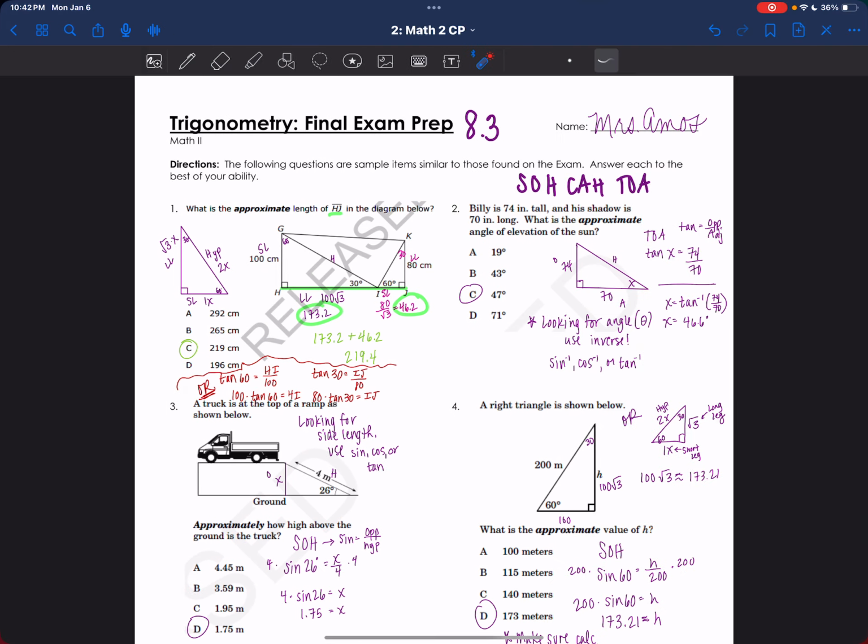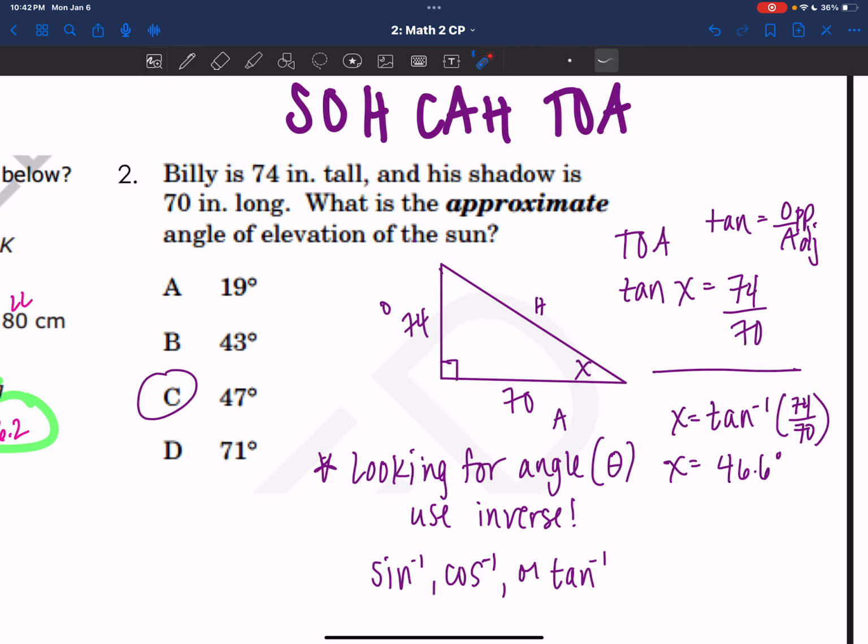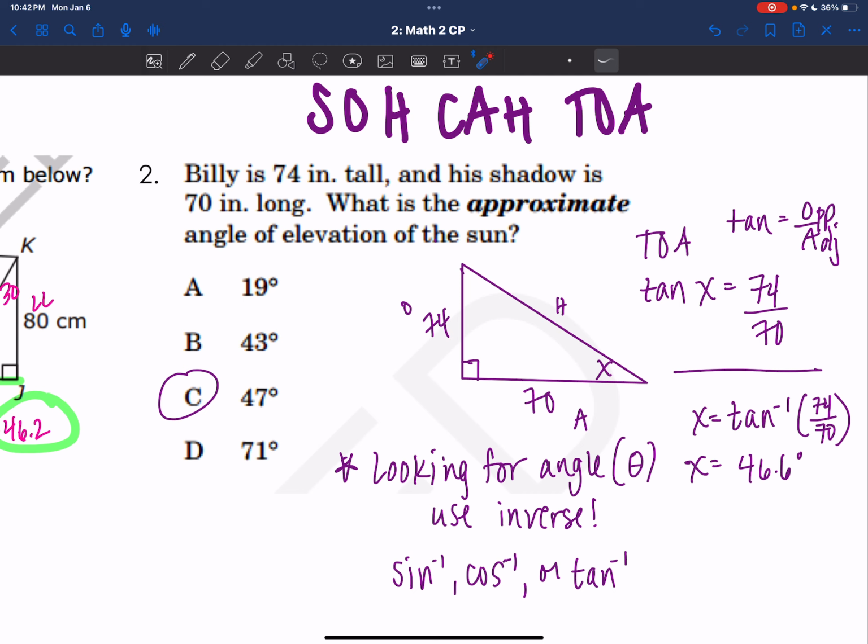All right, so now let's look at number 2. It's kind of the same thing. Again, remember SOHCAHTOA, so draw a picture. Billy is 74 inches tall. His shadow, remember the shadow is going to go on the ground, is 70 inches. What's the approximate angle of elevation? Remember, if you're looking for the angle, theta, you're going to use the inverse.